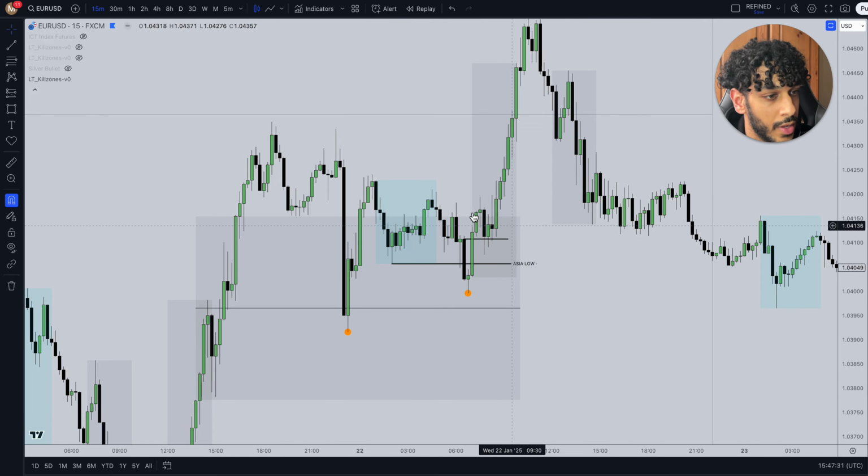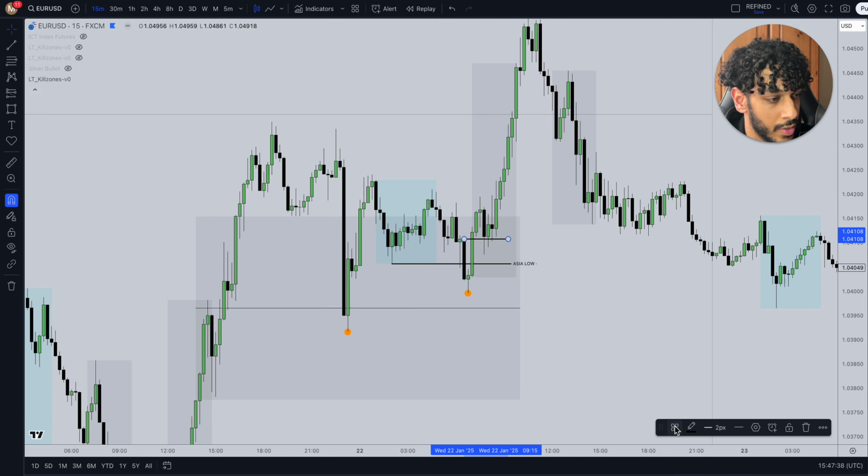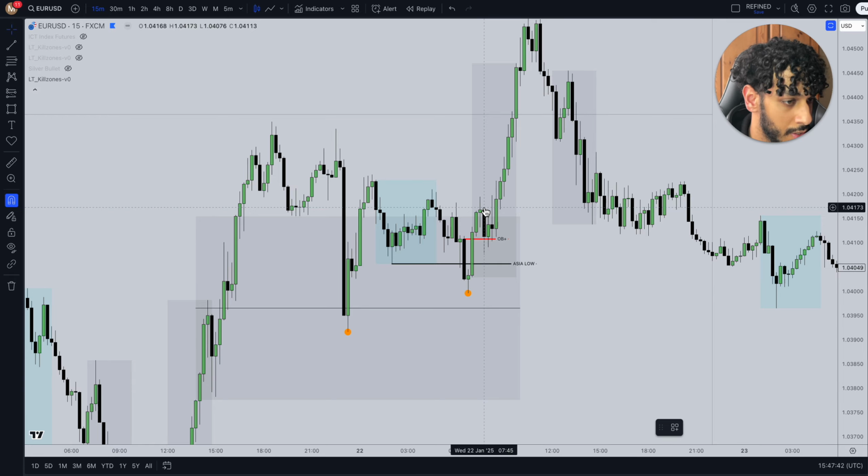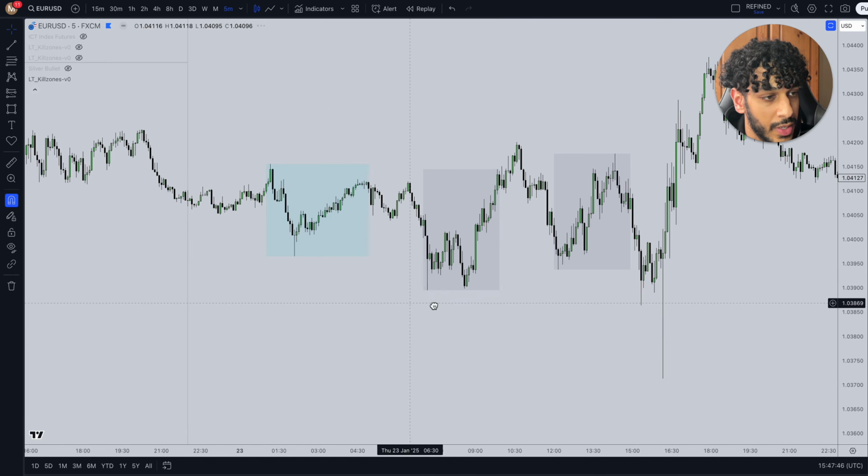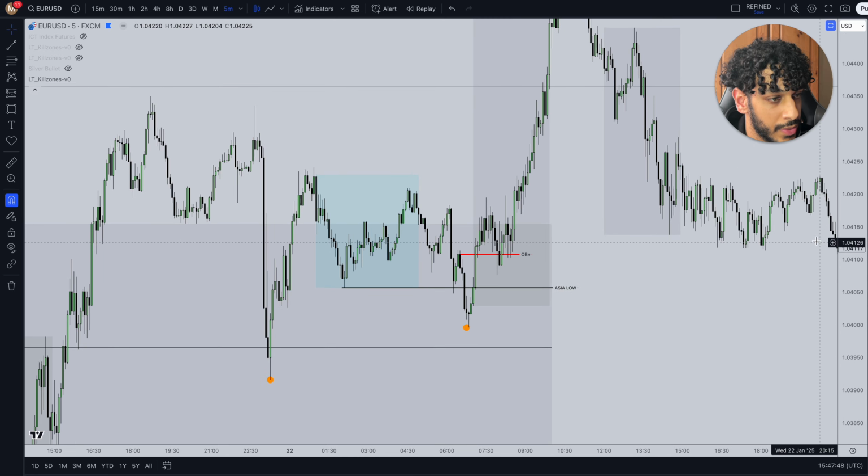So we've had the 15-minute trending lower into this liquidity pool and then switching from bearish to bullish. Okay, simply put, order block formed, right? So again, you can look at it like a CSD, like an order block. It really doesn't matter. I'll jump down to the 5-minute because that was actually where I was trying to enter.